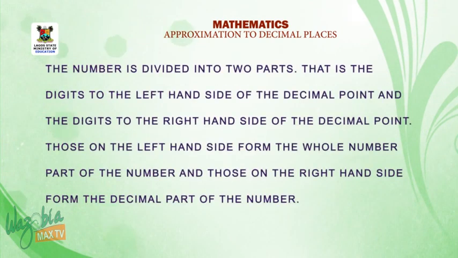The number is divided into two parts, that is, the digits to the left hand side of the decimal point and the digits to the right hand side of the decimal point. Those on the left hand side form the whole number part of the number, and those on the right hand side form the decimal part of the number.